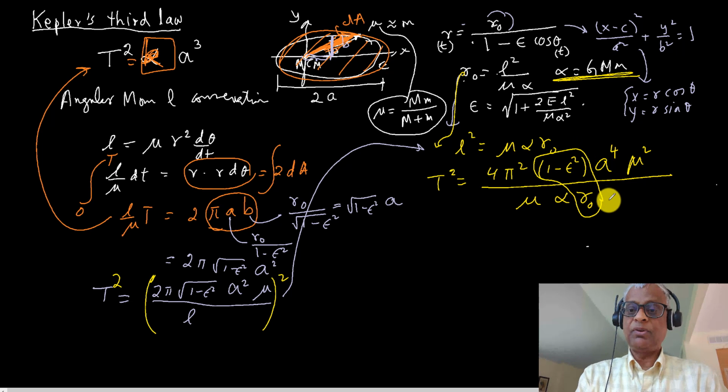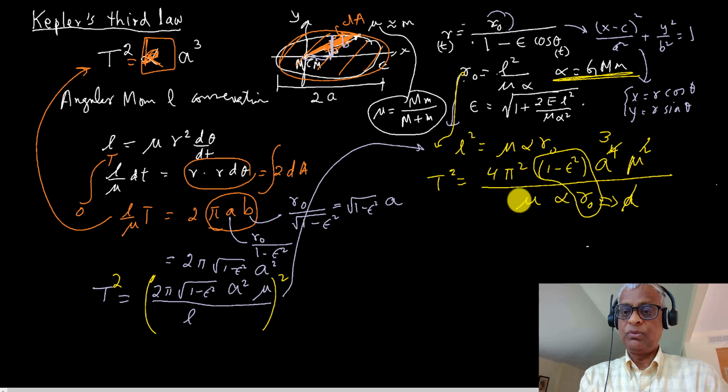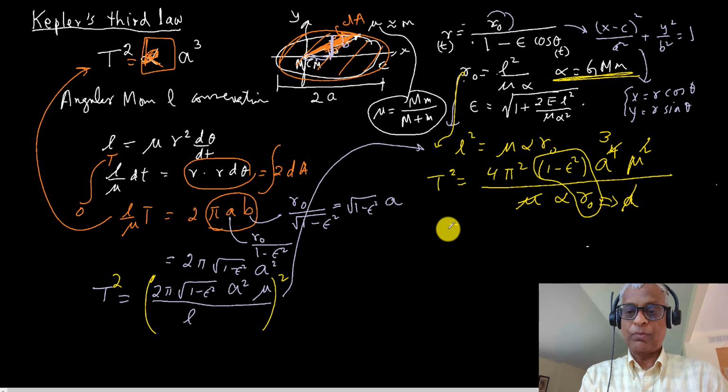This is inverse, equals a in the denominator, so this a will cancel one of these and make a cube, and this mu will cancel one of the mu's, and so we have 4 pi square mu over alpha a cube.